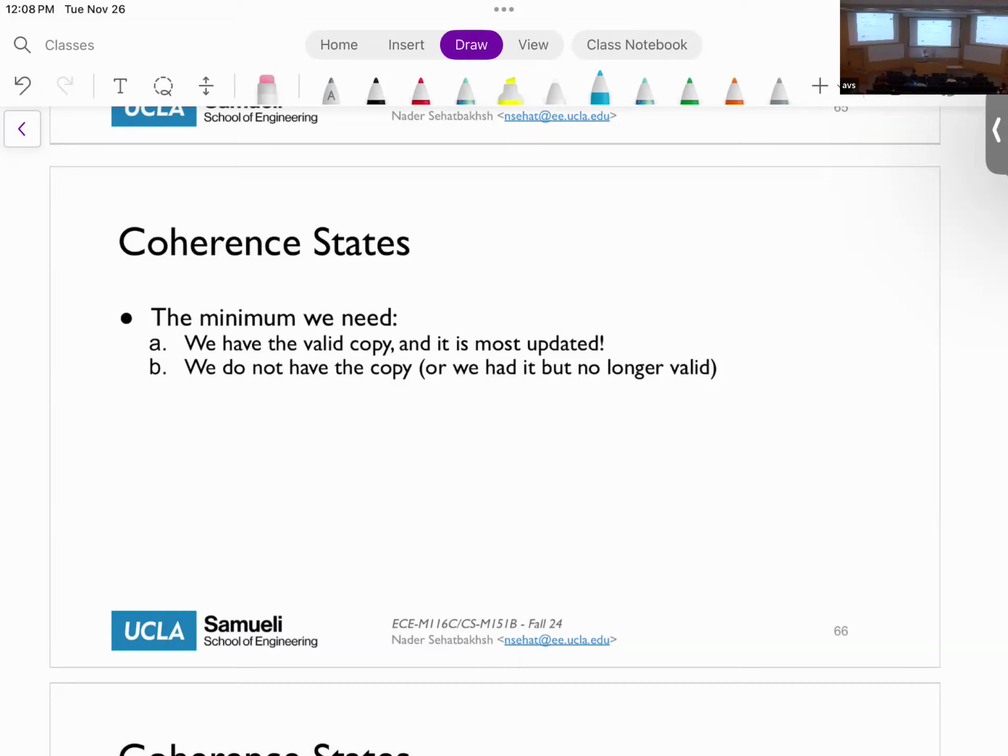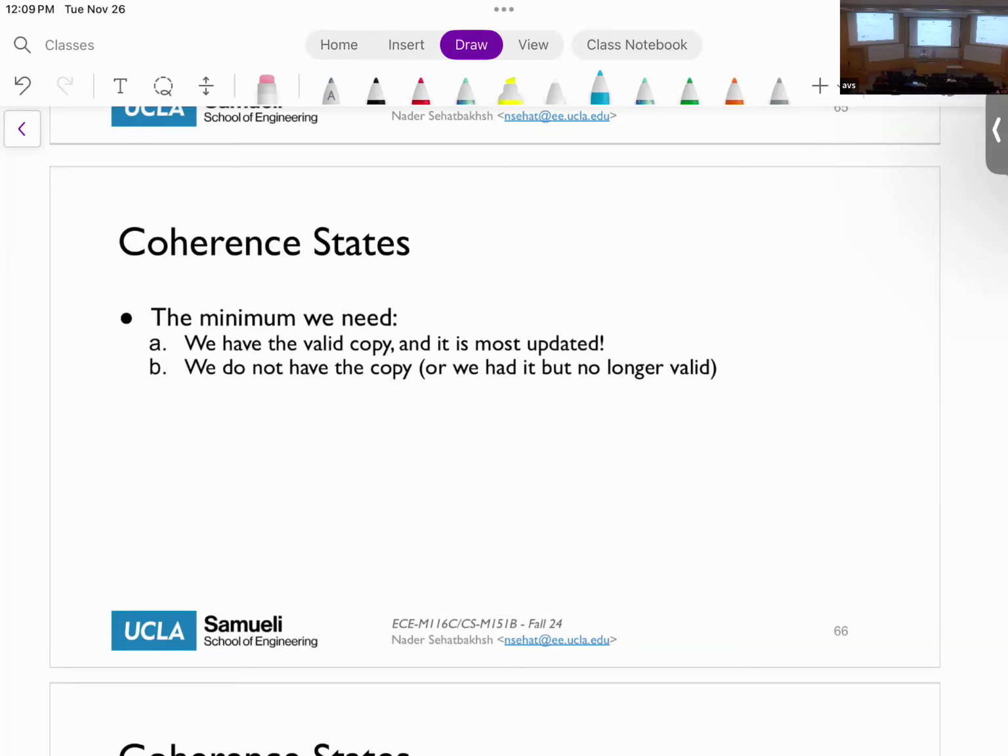But we quickly saw that modified alone is a little bit inefficient, because there might be scenarios where multiple cores want to read some data. They don't want to modify it, they just want to read it, but the act of reading by one will cause the other core to be invalidated.